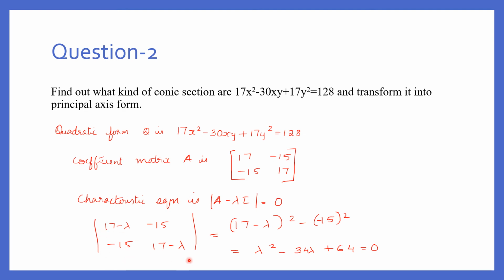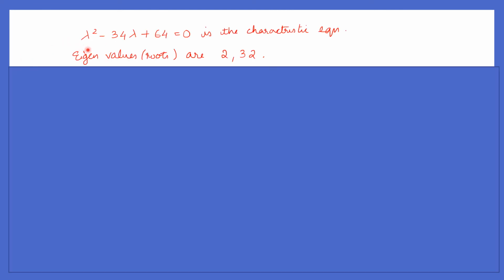If we solve this determinant equal to 0, we obtain a quadratic equation of the form lambda square minus 34 lambda plus 64 is equal to 0. This is the characteristic equation of this coefficient matrix.